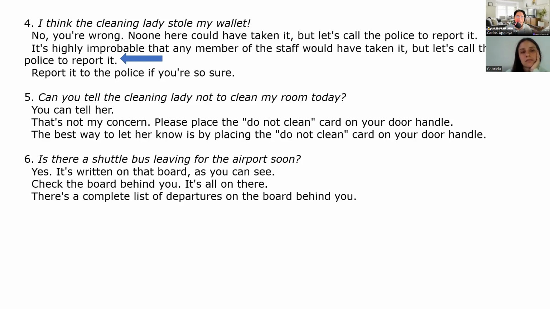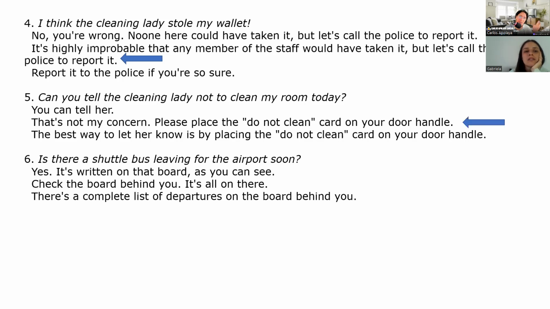You see? Can you tell the cleaning lady not to clean my room today? Because this happens. Can you tell the cleaning lady not to come in today? The best way to let her know is by placing the do not clean card.